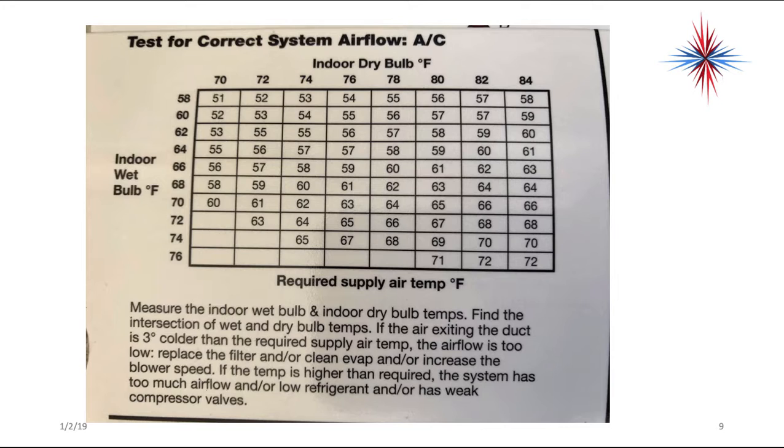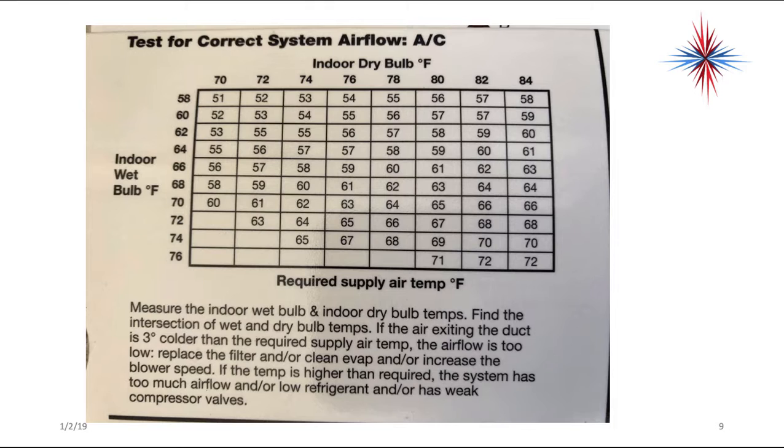Now, don't just turn up the motor, look for what the problem is. Replace the filter, clean the evaporator, clean the blower wheel, and as a last case scenario, increase the blower speed. However, you do need to find out what changed, because if this system was working properly with all the speed settings the same for years, and all of a sudden there's a problem, something has changed.